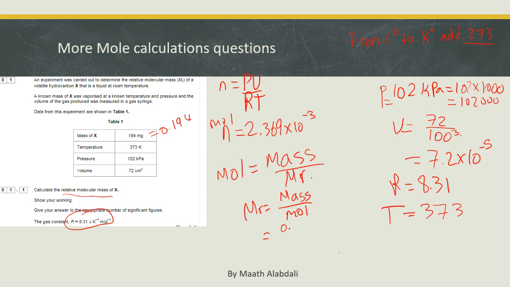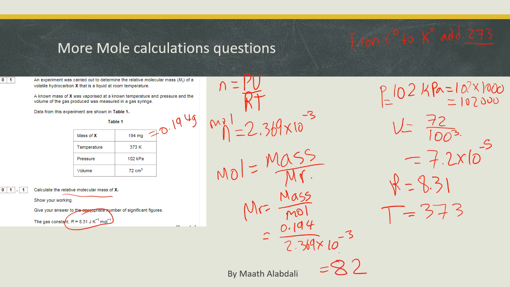Then 0.194 divided by 2.369 times 10 to the power of minus 3 gives us an answer of 82.